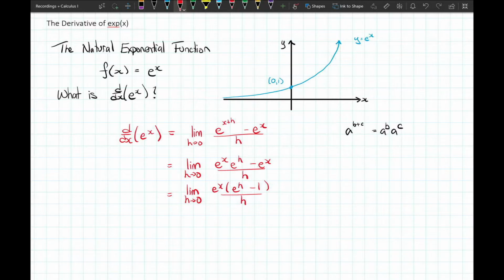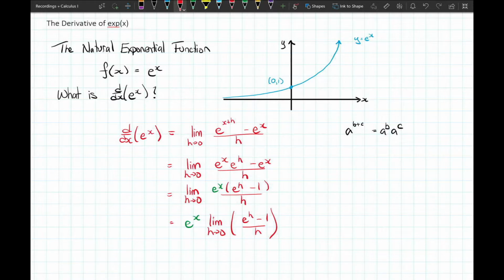Since we're not changing e, that's just the number, we're not changing x either, since the only value we're varying here is h. So this e to the x is actually treated like a constant here. And that can be moved out front of the limit because of the constant multiple rule for limits. So what does that leave us with? The limit as h approaches 0 of e to the h minus 1 divided by h.